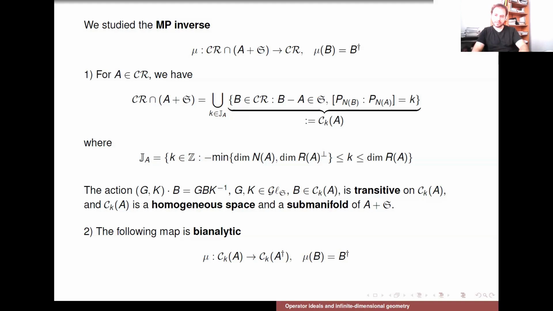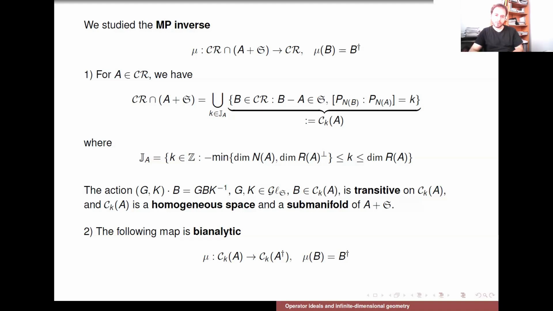But for other values of k, non-zero values, we have that these sets are orbits, but with respect to some closed-range operator that has index k with respect to the operator A. Well, then using this set Ck of A, in our previous lecture, we showed that this map, when restricted to those orbits, turns out to be real analytic, and also its inverse is real analytic.